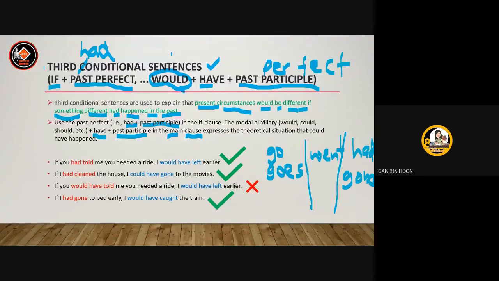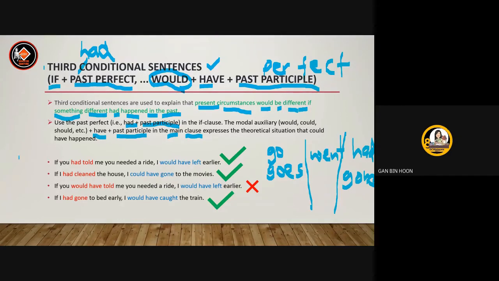Satu dia ada if, dipanggil if clause ataupun ayat yang ada if, dan satu lagi ayat yang ada akibat dia, outcome. So, itu dipanggil main clause, ayat utama. So, I repeat, conditional tenses adalah ayat yang ada dua ayat yang digabungkan. So, ayat pertama ada if, ayat yang kedua dipanggil ayat utama.